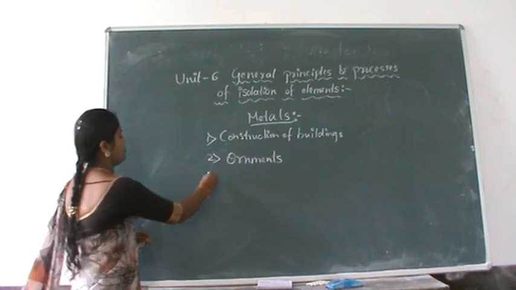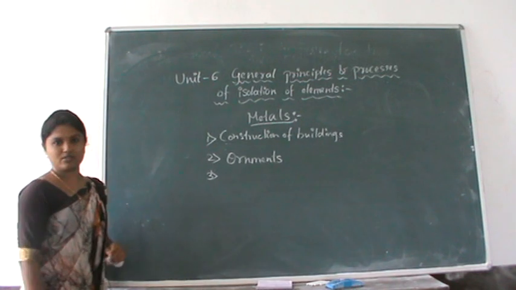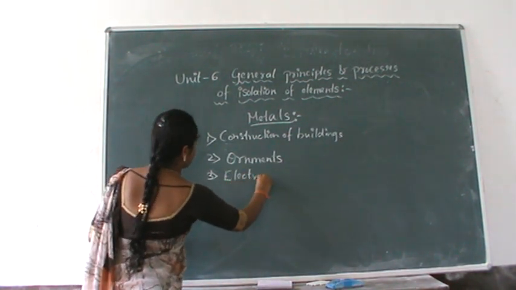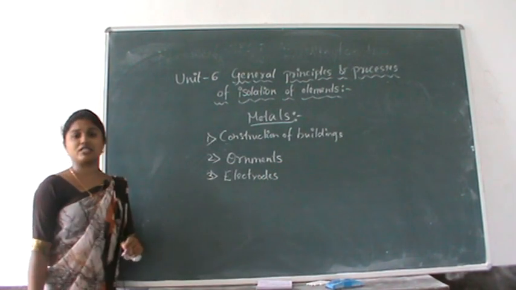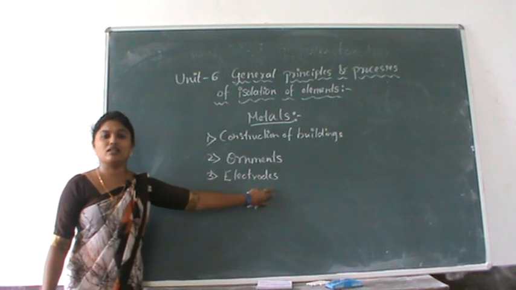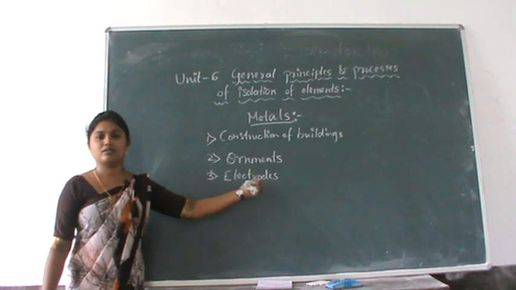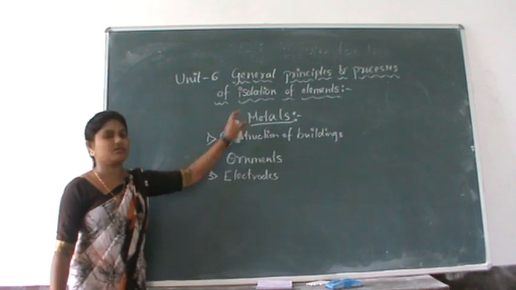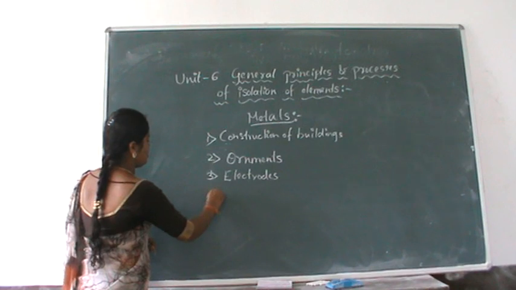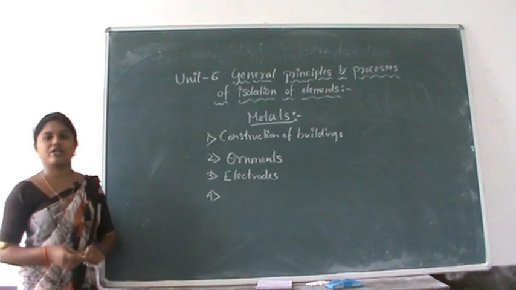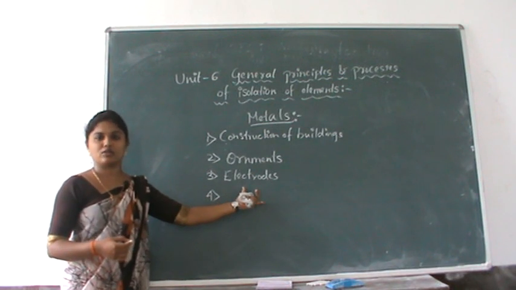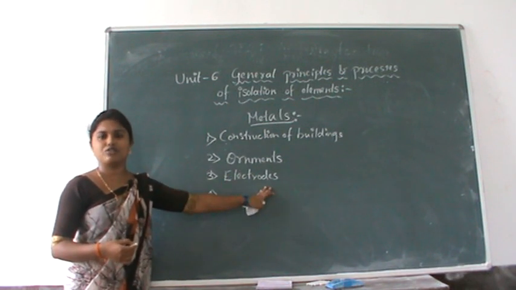And other uses of metals. In electrochemistry, we are using electrodes, isn't it? In electrochemistry, there is the electrochemical cell. In an electrochemical cell, we are using electrodes. These electrodes are metals. That is one use. And other uses of metals: we are using vessels for the cooking of food.